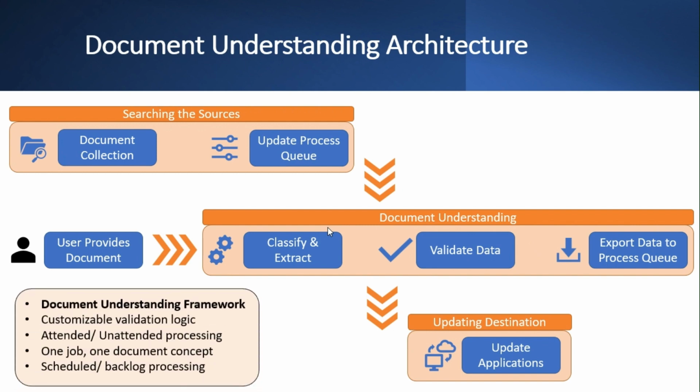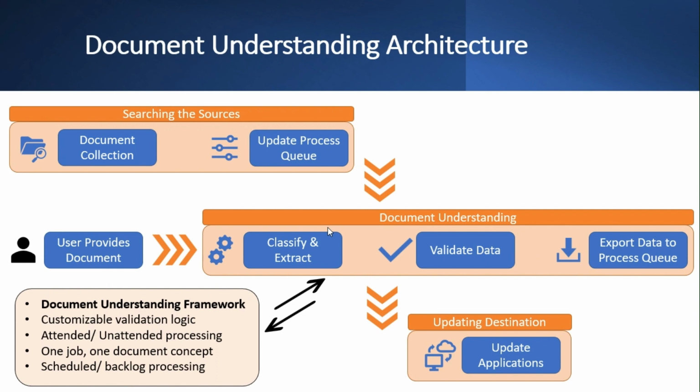This is achieved through the UiPath Document Understanding Framework. You have everything inbuilt in the framework. So you can easily customize your validation logic. You can run it as attended or unattended. And you can even do this scheduling and backlog thing. How is it done?